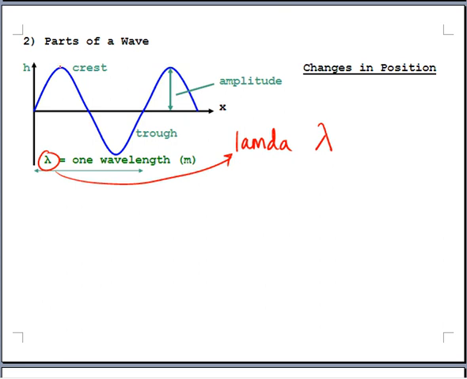You could still get a full crest and a full trough if you went from crest to crest, because you've got half a crest, a full trough, and then half a crest. Or you could go from the bottom of a trough to the bottom of another trough. So just keep in mind there are multiple places you could measure side to side in order to figure out what the wavelength is.